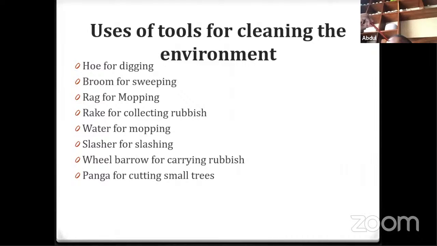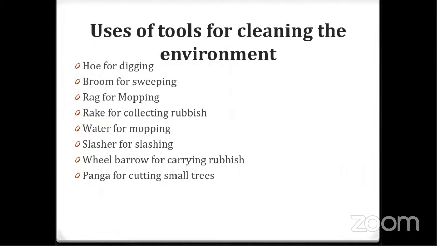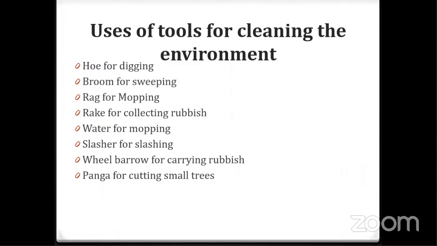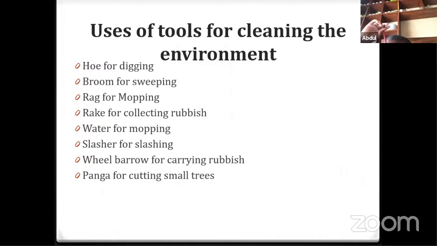Hoe. Broom. Rake. We have rag before rake, then water, slasher, wheelbarrow, and then panga. Slasher. Okay.